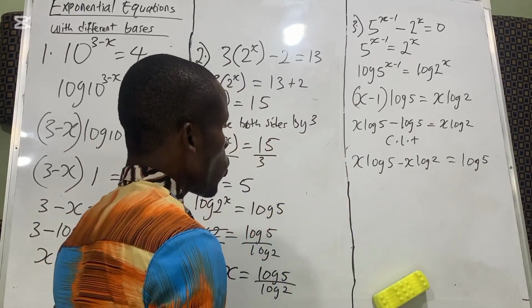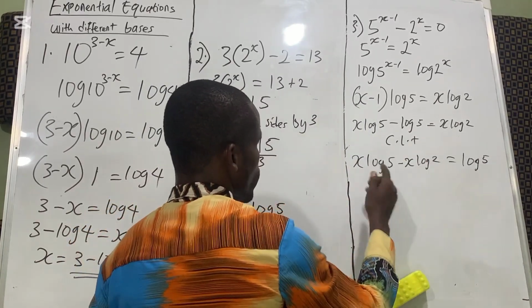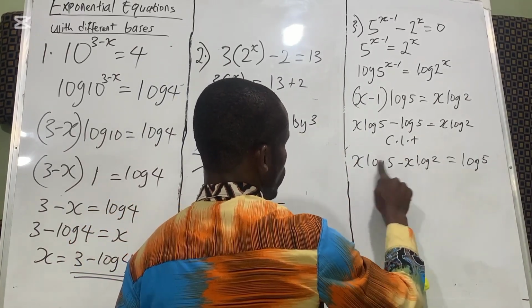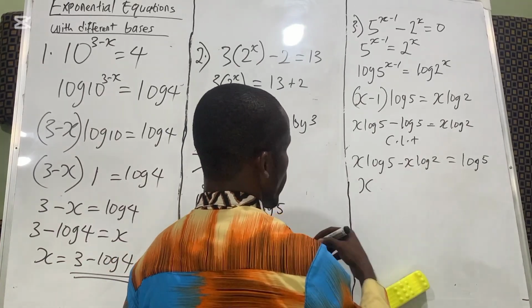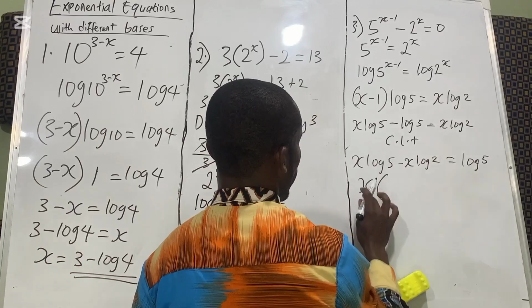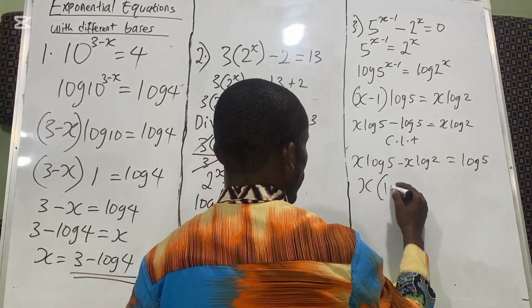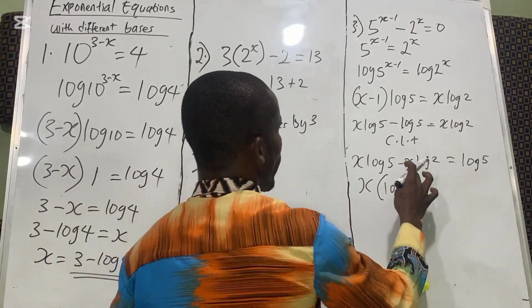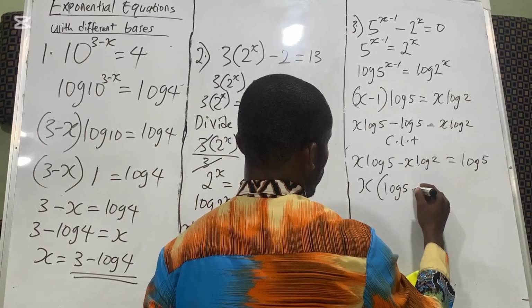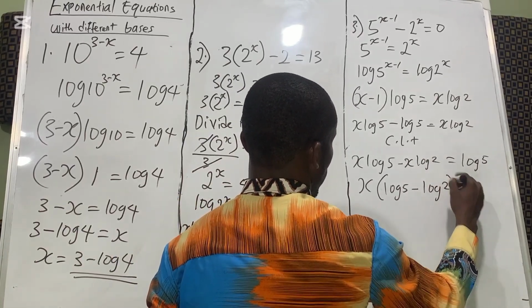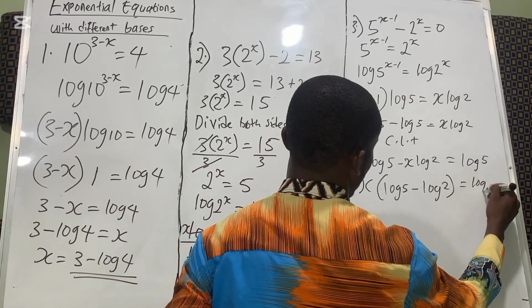Since we have x in both terms, we can factorize and take x out. Dividing x log 5 by x, we have log 5 left. Dividing x log 2 by x, we have log 2 left. That's x times log 5 minus log 2 equals log 5.